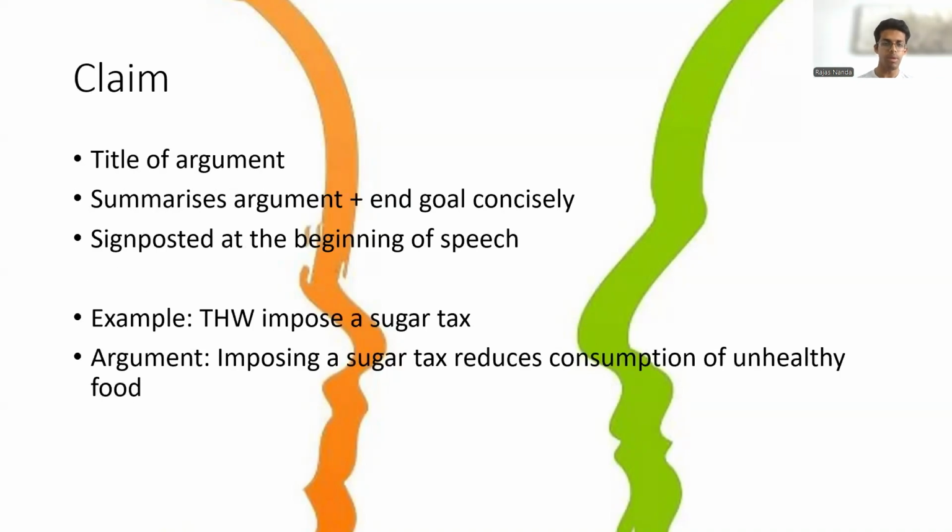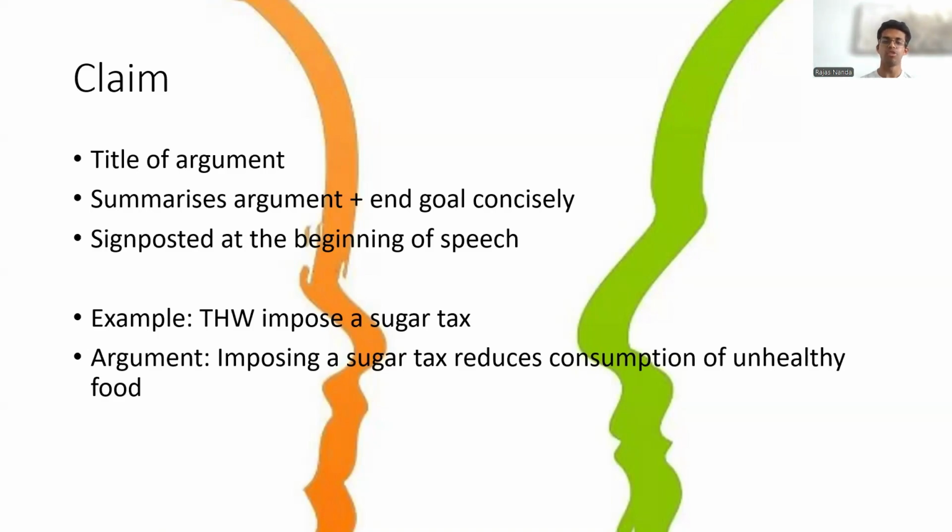Okay, let's get a bit more into each one. Firstly, the claim. So, as I said, it's the title, it summarizes your argument. And if you remember from yesterday, at the start of your speech, you should be giving a bit of an introduction, right? Like a table of contents of what your speech includes. In that table of contents, you should be saying the claim for each of your arguments.